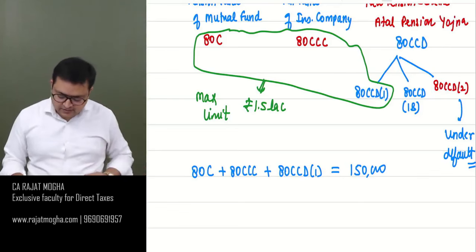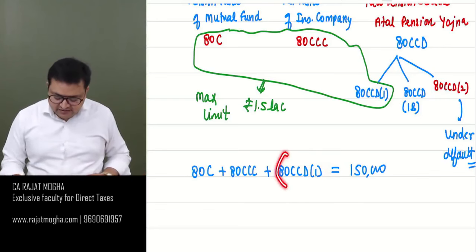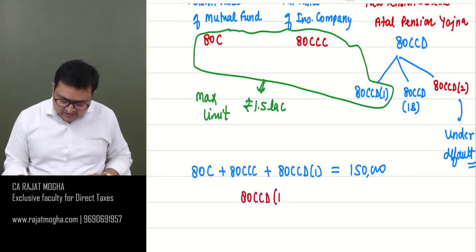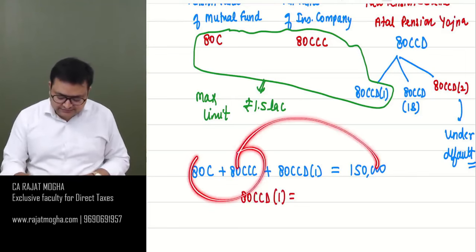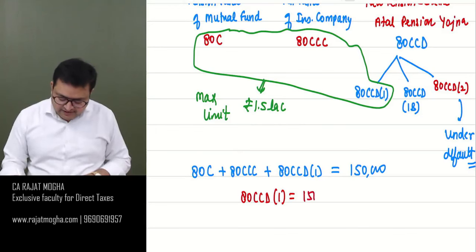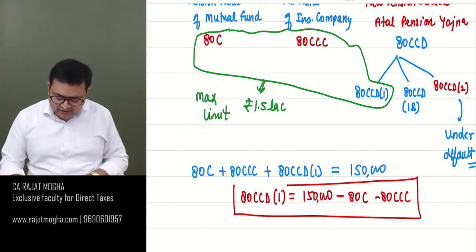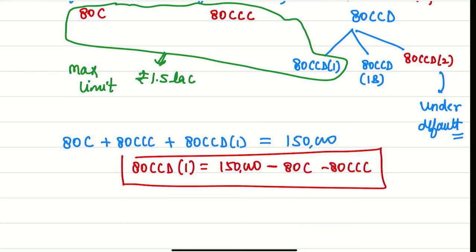Correct? Today I need 80CCD1. So can I also write this equation like this? 80CCD1 is equal to, simple, I'm just taking these two there, 1,50,000 minus 80C minus 80CCC. Guys, are you all okay with this particular thing also? You can write it also. And I believe that you all are okay with this also.